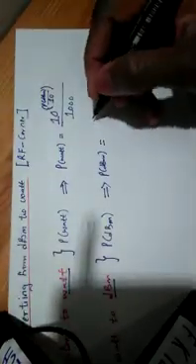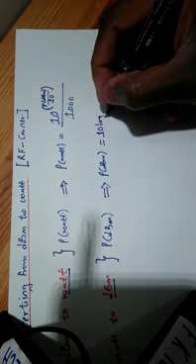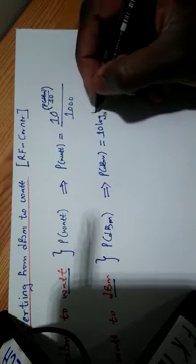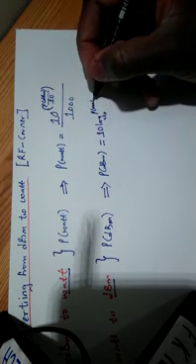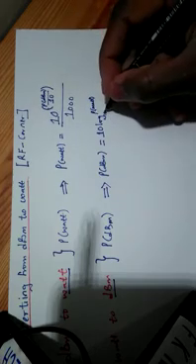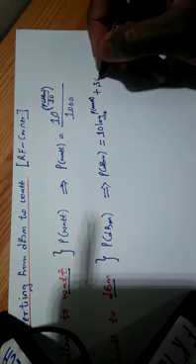Let me focus my camera so you can see clearly. P in dBm is equal to 10 log base 10 of P in watt, plus you compensate with 30 as a single unit.